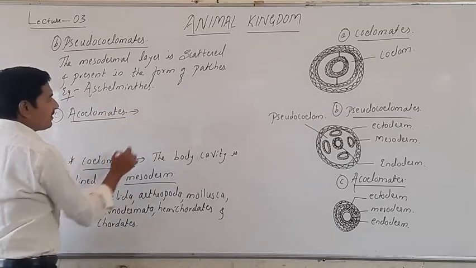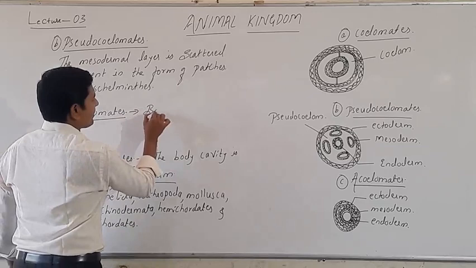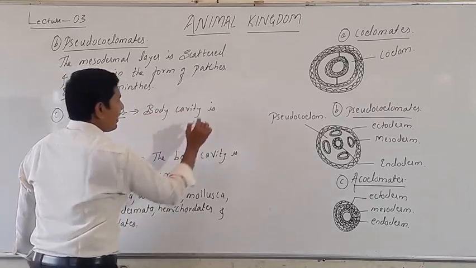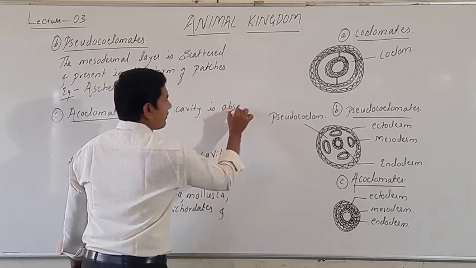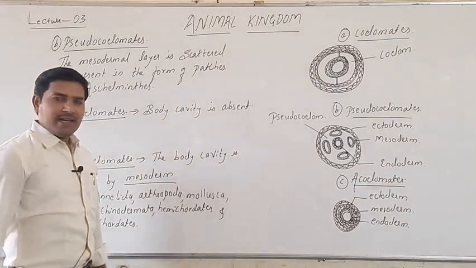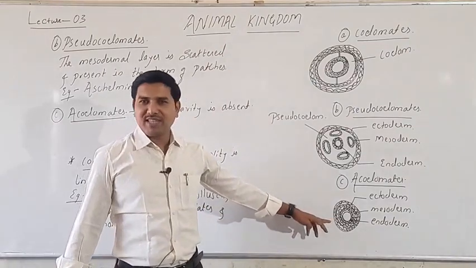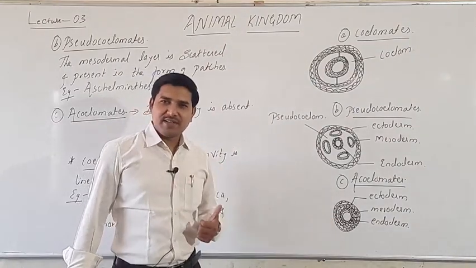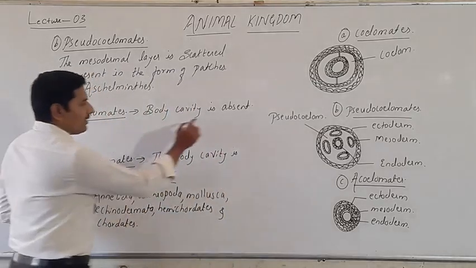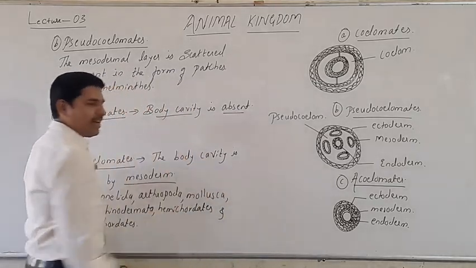In an acoelomate, the body cavity is absent. That means though we have mesodermal cells, there is no space in that mesodermal layer, and hence we say the body cavity is absent.